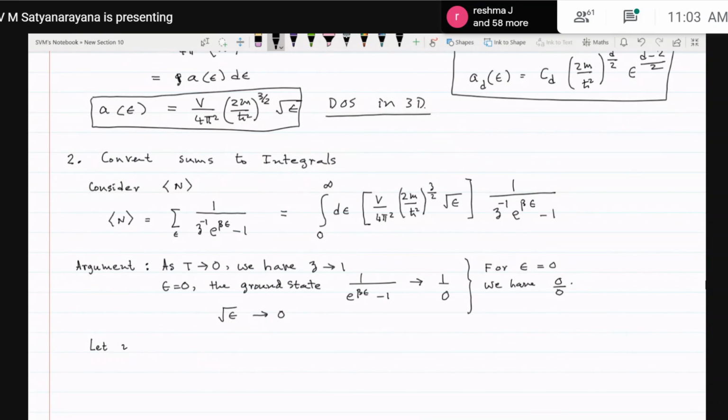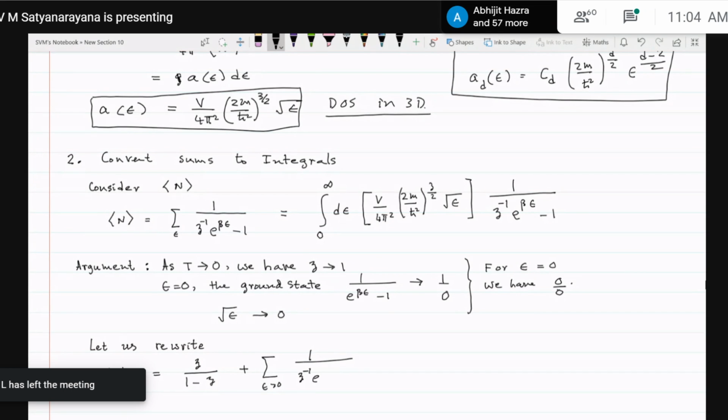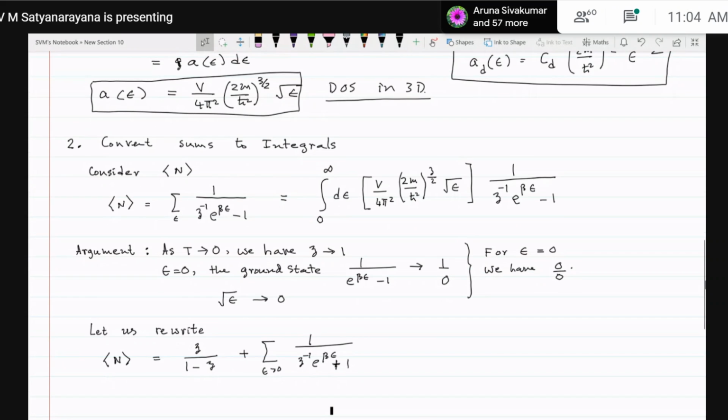Let us rewrite this average value of N. If I take epsilon equal to 0, I will write that term separately, that is z divided by 1 minus z, plus now I have epsilon greater than 0 and the same summation, 1 over z^{-1} e^{βε} minus 1.